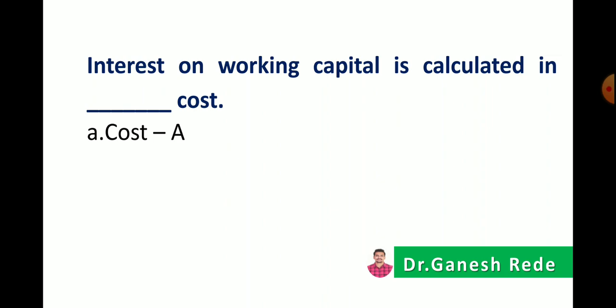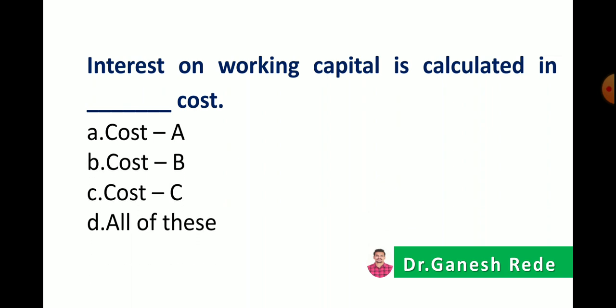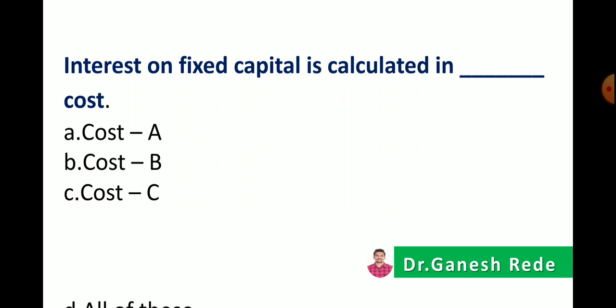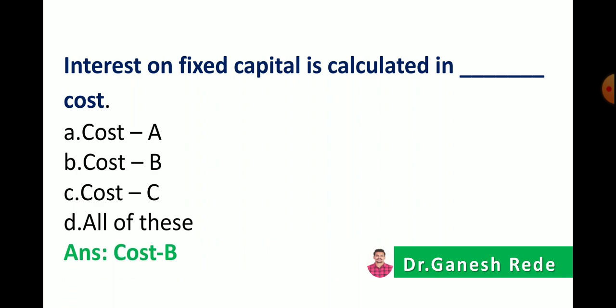Options are cost A, cost B, cost C, or all of these. The correct answer is interest on working capital is calculated in cost A. Then interest on fixed capital is calculated in dash dash cost. Option cost A, cost B, cost C, or all of these. The correct answer is interest on fixed capital is calculated in cost B.